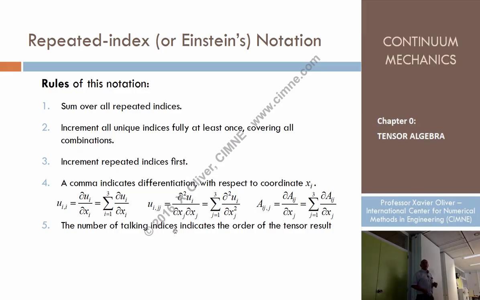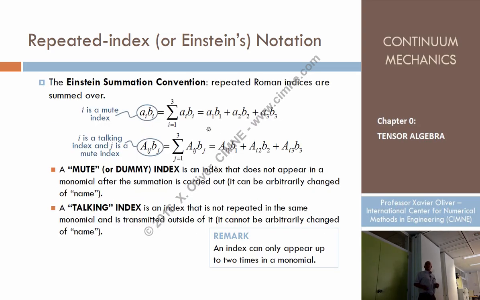The number of talking indices indicates the order of the tensor result. Look at here. What is the talking index here? Zero. There is no talking index. What is the result of that? A scalar. Okay? But here, I obtain a final expression that depends on i.